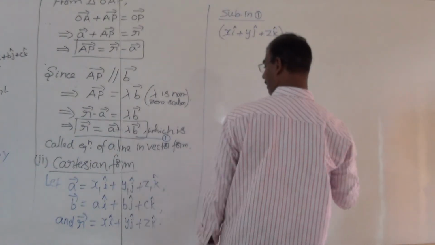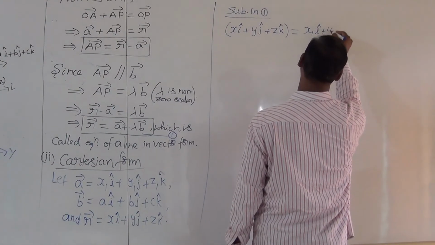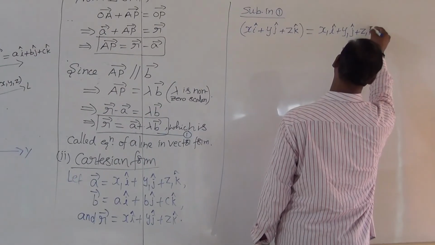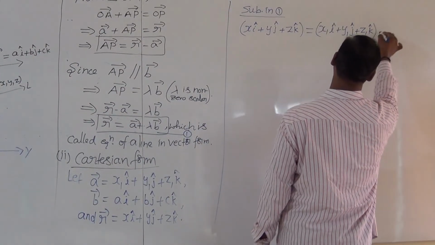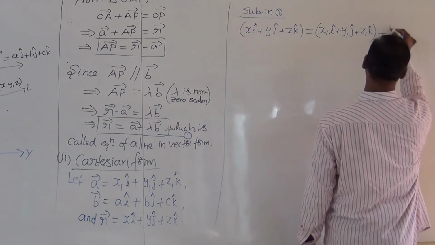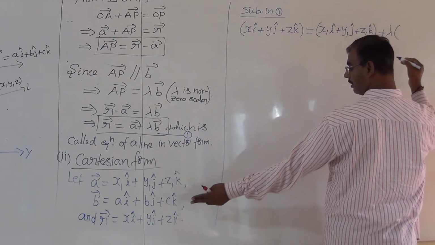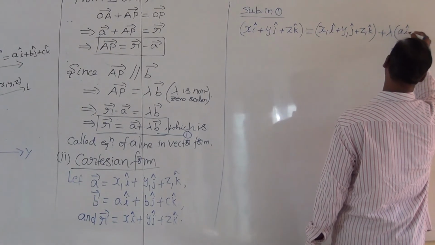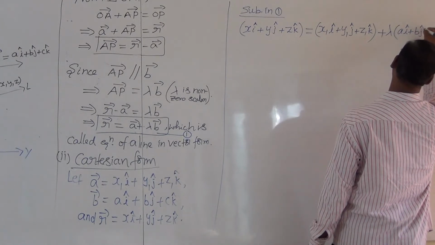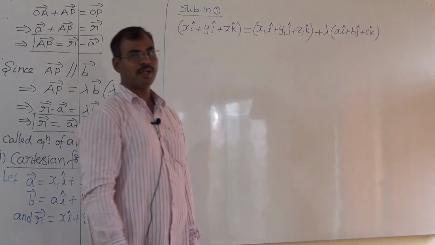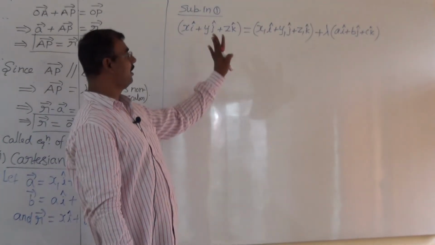What is the a vector? x1 i plus y1 j plus z1 k plus lambda times, what is the b vector? a i cap plus b j cap plus c k cap. Substituted all values in the equation.